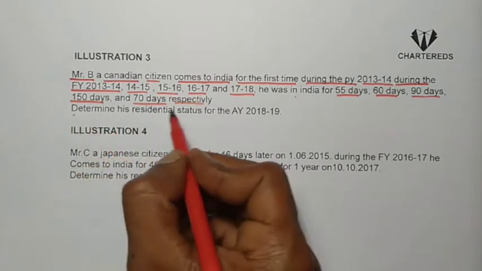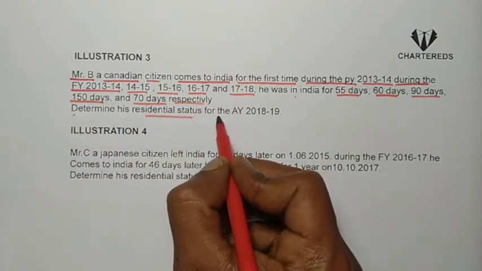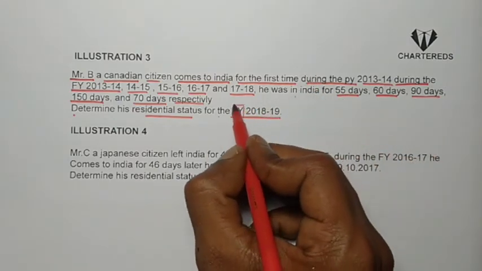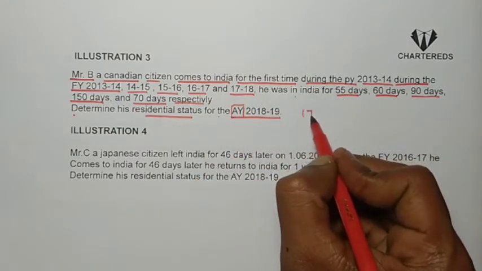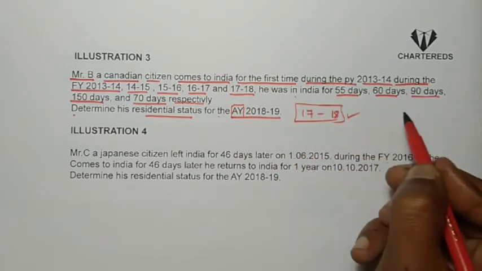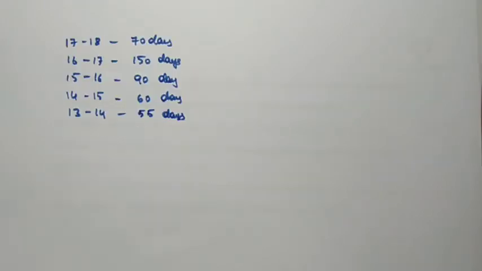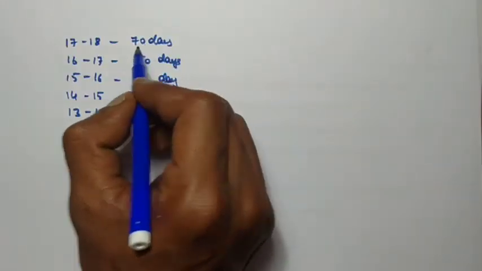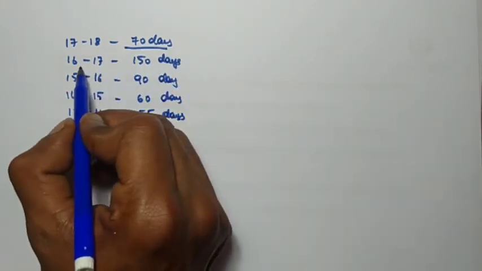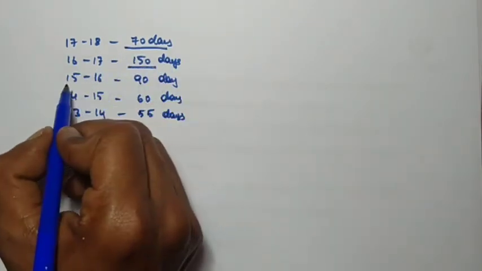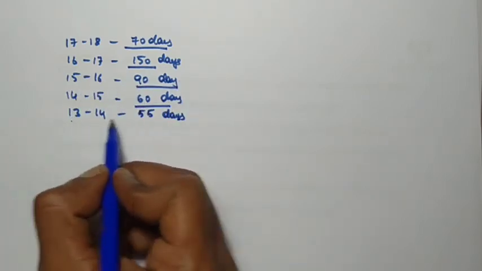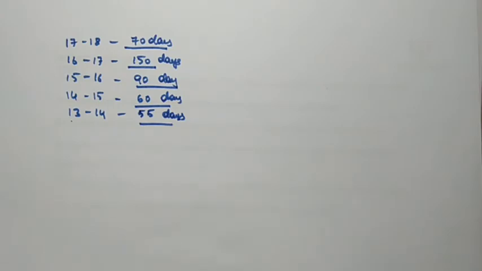Determine his residential status for the assessment year 18-19. For the assessment year 18-19, we should find out for 17-18. So he was in India for 70 days in 17-18, 150 days in 16-17, 90 days in 15-16, 60 days in 14-15, 55 days in 13-14, right?